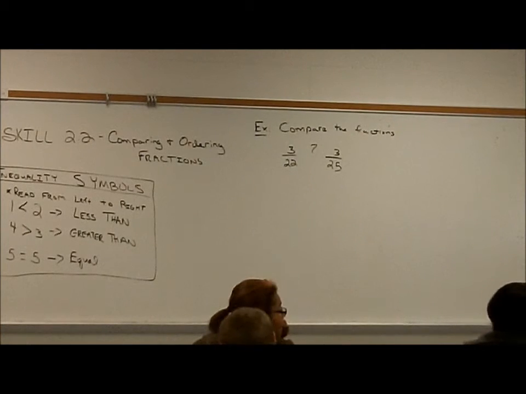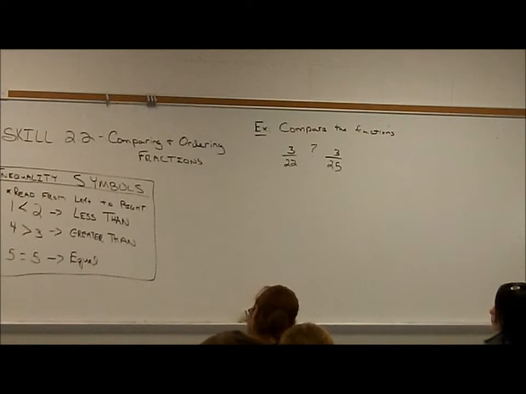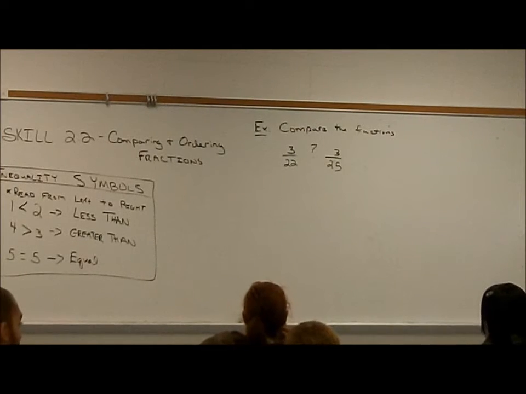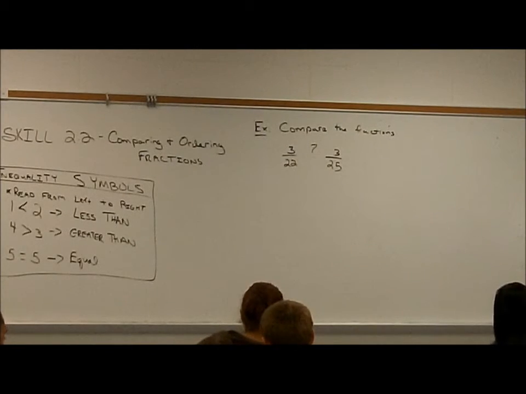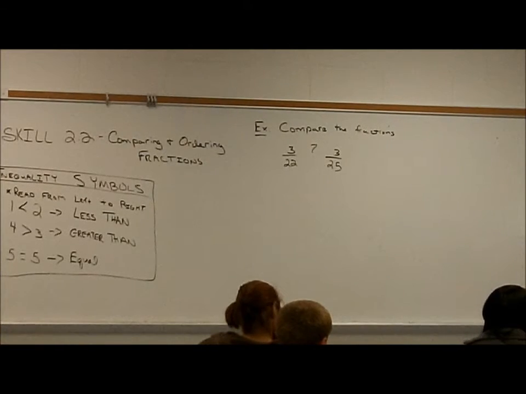Caleb? They have the same top number. Okay, what do we call that top number? What's the name for it? Starts with an N. Numerator. Okay? So they both have the same numerator, right? What else do you see? What's the other part? Easton? The denominator.